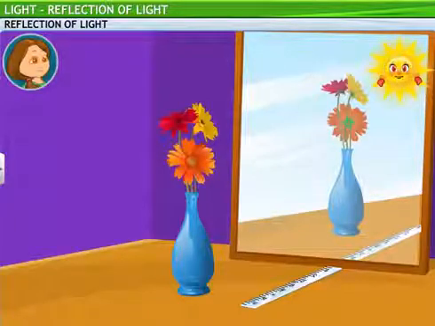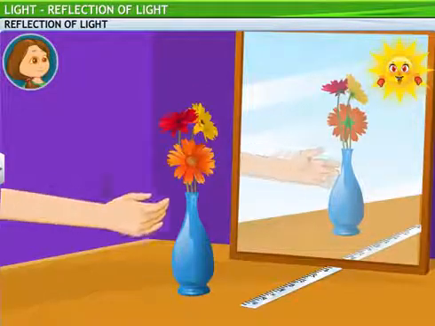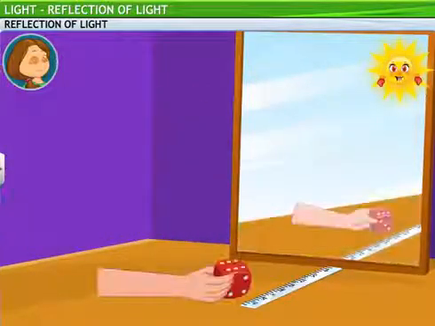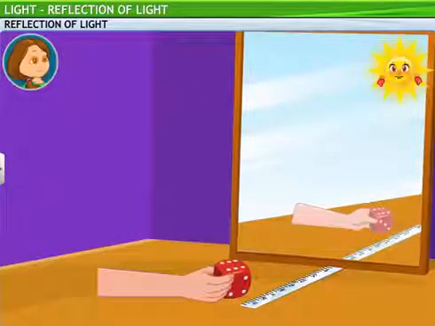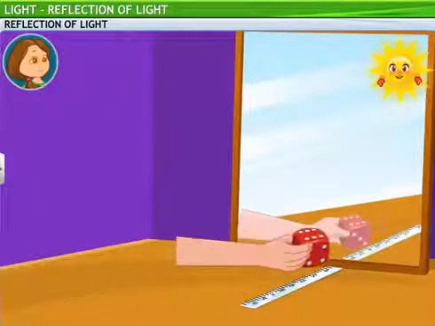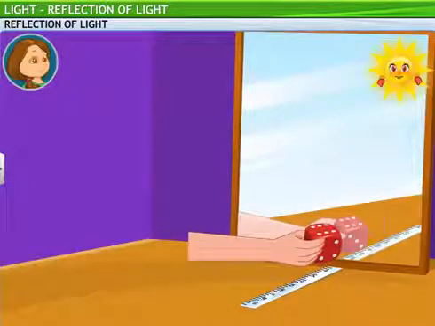Now, remove the vase and place a dice in front of the mirror. This will serve as the object in this activity. Move the dice closer to the mirror now. Done. Now what? Look at the image of the dice.